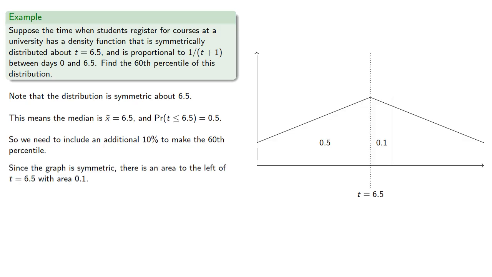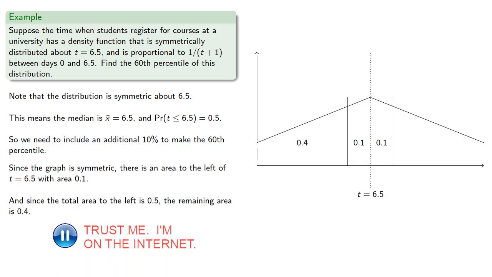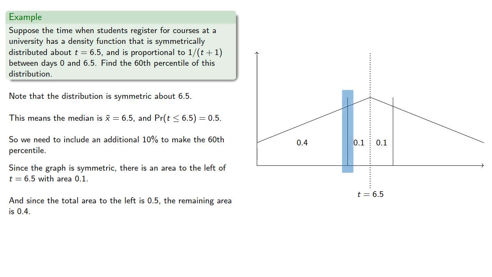Since the graph is symmetric, there's an area to the left of t equals 6.5 with area 0.1. And since the total area to the left is 0.5, the remaining area must be 0.4. And what that says is if we can find this point, we can find the 60th percentile.